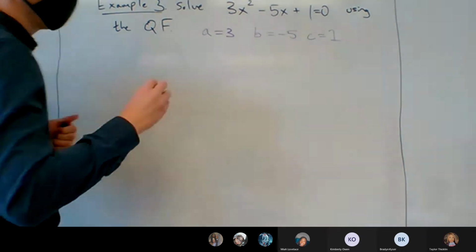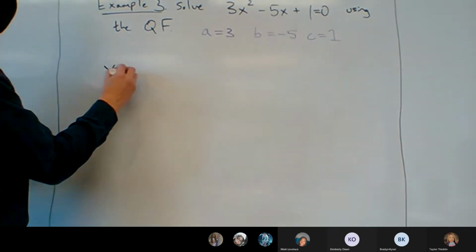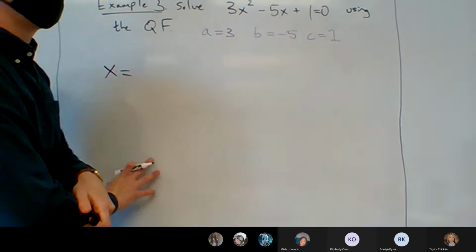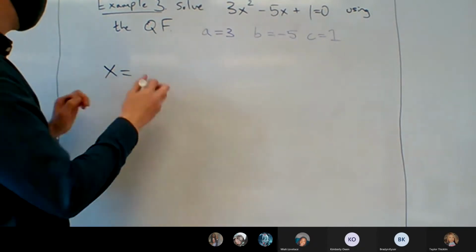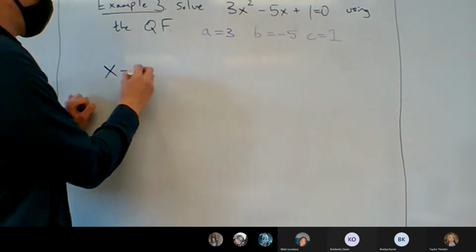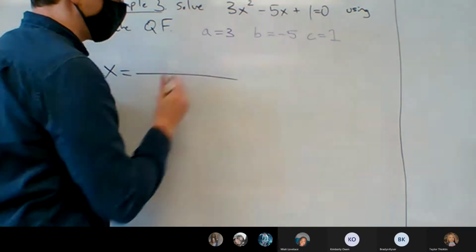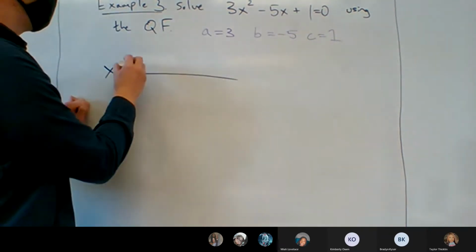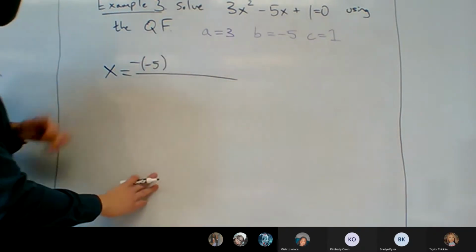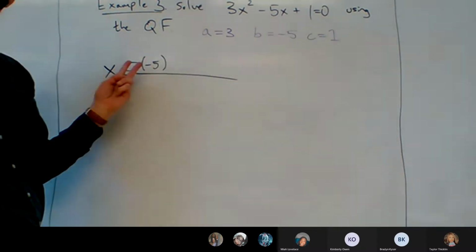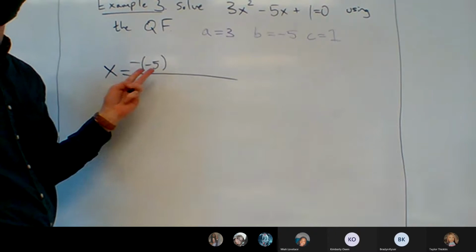Okay, so now we're going to set up the formula. x is negative b plus or minus square root of b squared minus 4ac all over 2a. So I'm going to start off with negative b, and I can start off with a big fraction bar. Negative b is going to be the negative of negative 5. Of course, we'll clean that up in the next step. It's a negative of a negative, right?